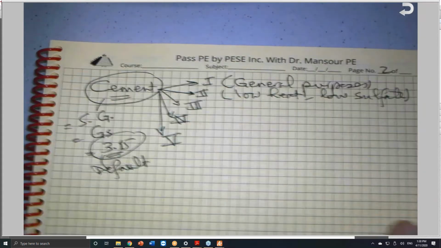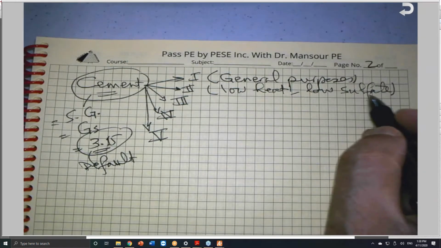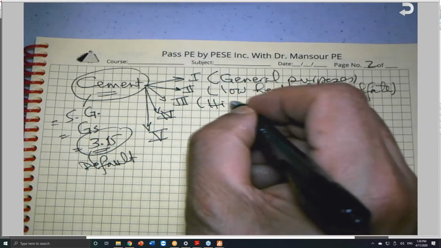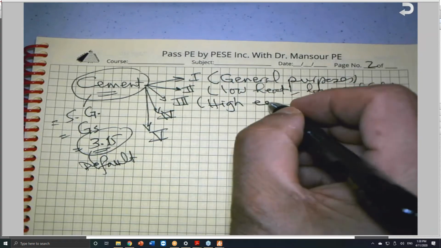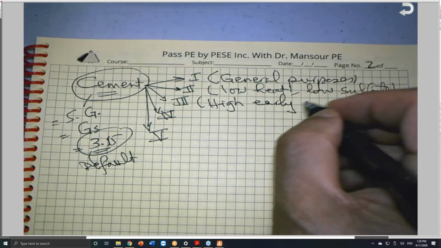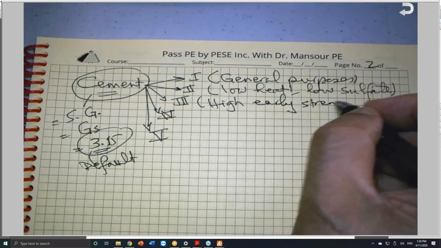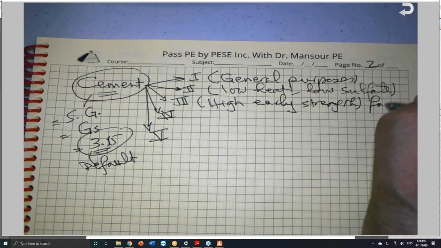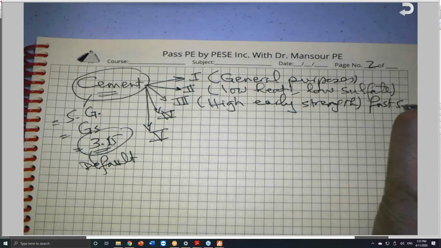Type 3 is high early strength, which we call fast setting.